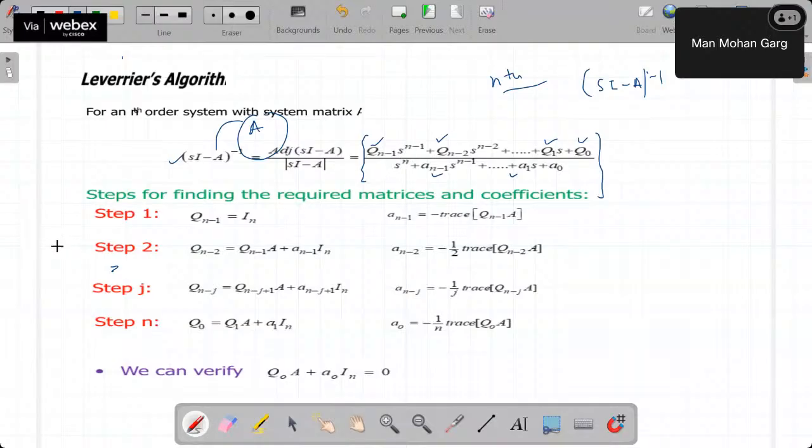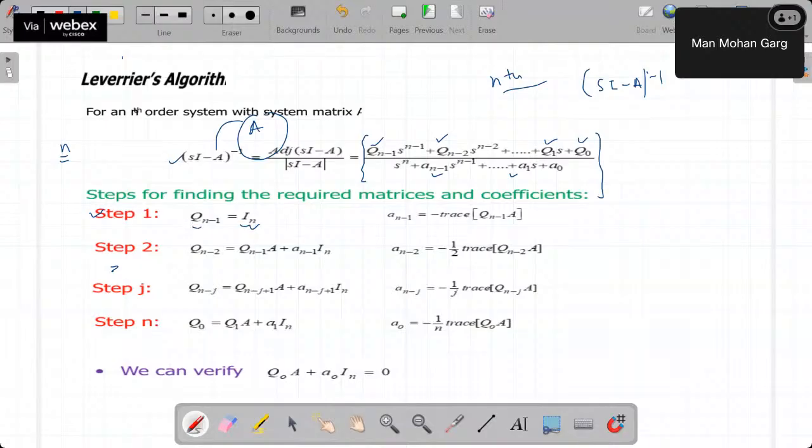there are certain steps. Step one: we have already assumed the order of the system is n, then Qn minus 1 is In. In is the identity matrix, the unit matrix of nth order.